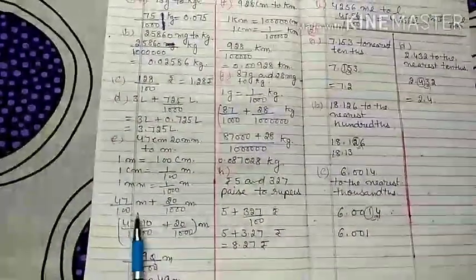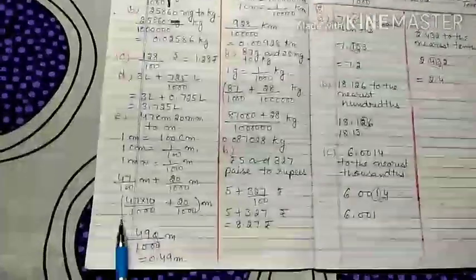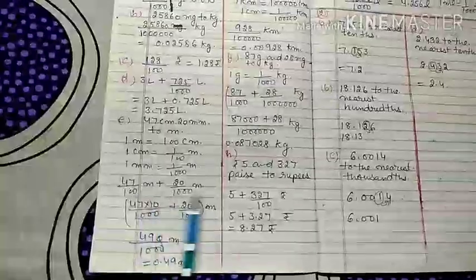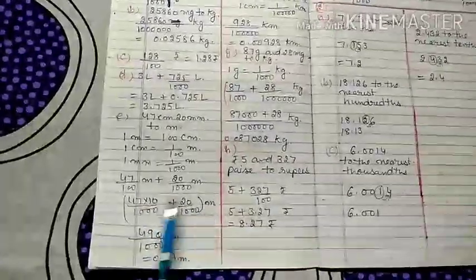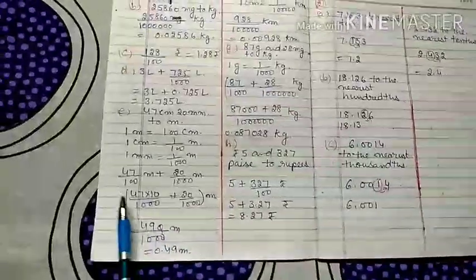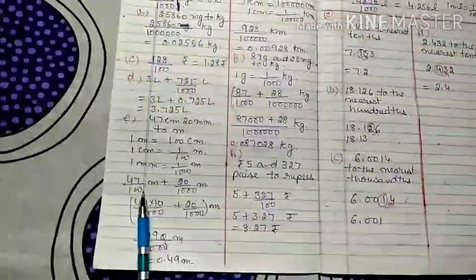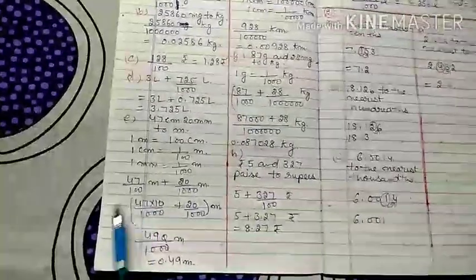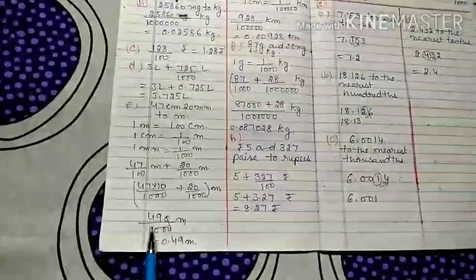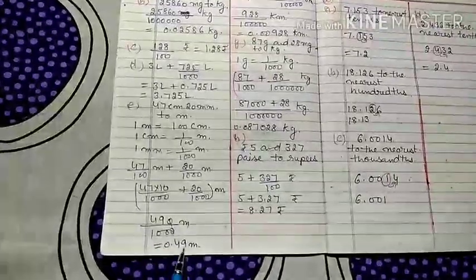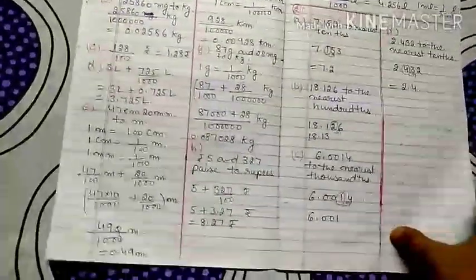So 47 by 100 meter plus 20 by 1000 meter. Now both are in meter, like terms. We take the LCM of 100 and 1000, that is 1000. So we need one more 10, multiplying numerator and denominator to complete the denominator as 1000. That gives me 490 by 1000, 0.49 meter.